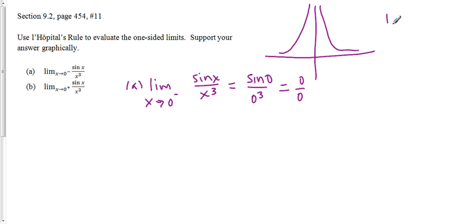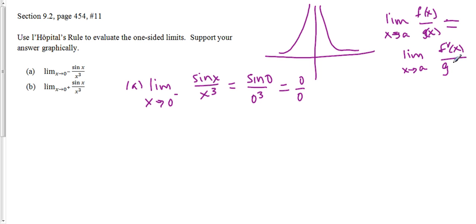And just to remind ourselves, L'Hopital's rule says that the limit as x goes to a of f of x over g of x is equal to the limit as x goes to a of f prime of x over g prime of x, assuming that this first limit goes to an acceptable indeterminate form, 0 over 0 or infinity over infinity. So we've got one of those forms, and we can apply L'Hopital's rule.